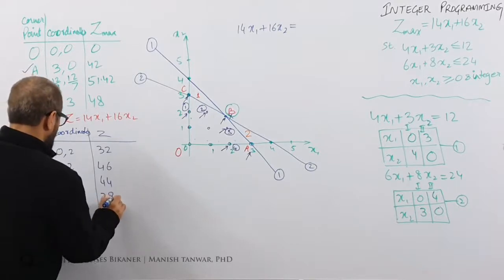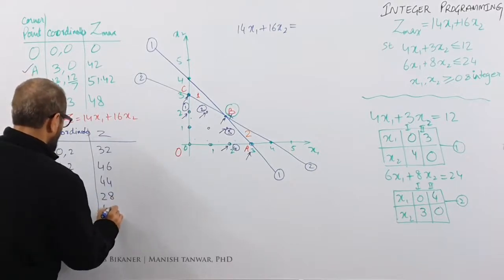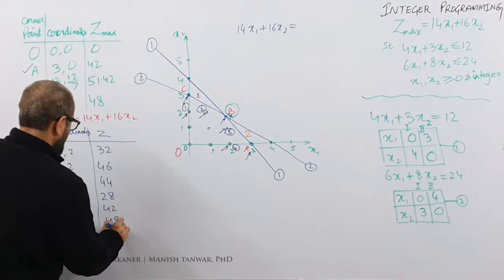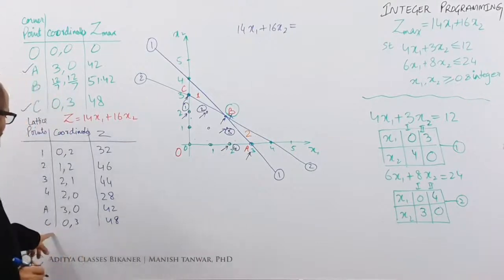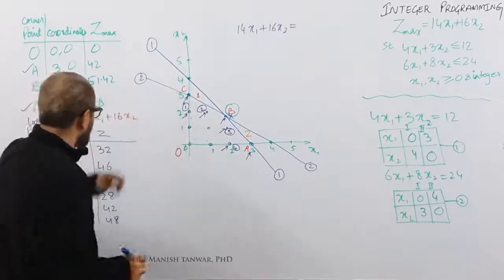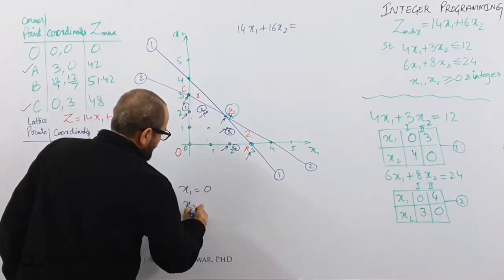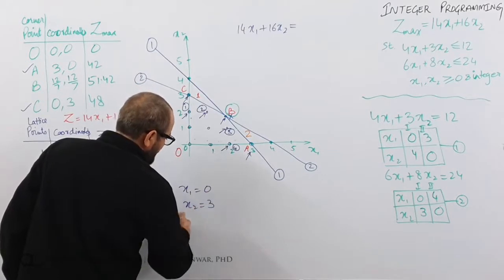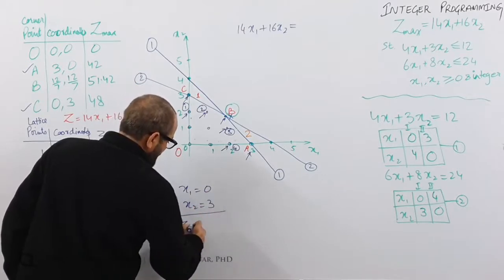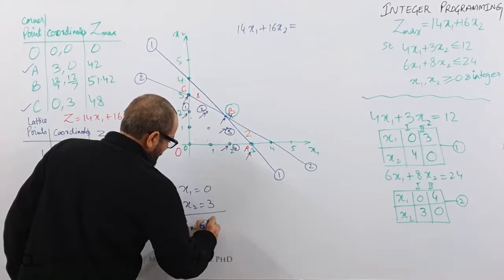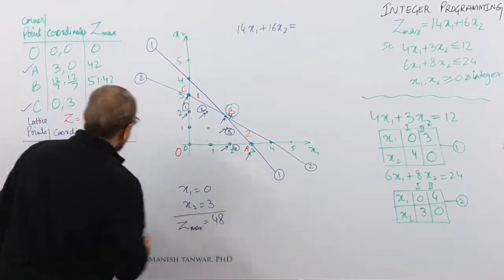Then this will be 28, this will be 42, and this will be 48. So which is the best solution? I'm getting my best solution from 0 and 3. That is x1 is equal to 0, x2 is equal to 3, thereby giving me Z max is equal to 48.